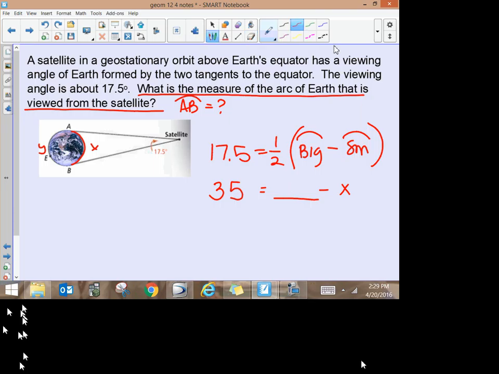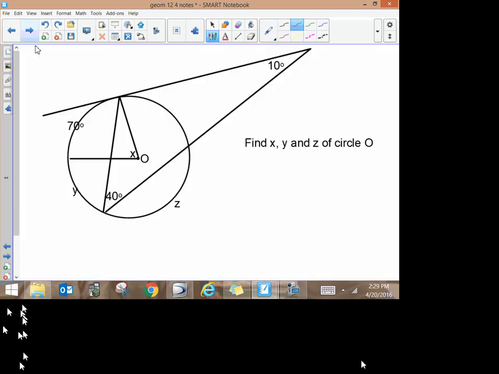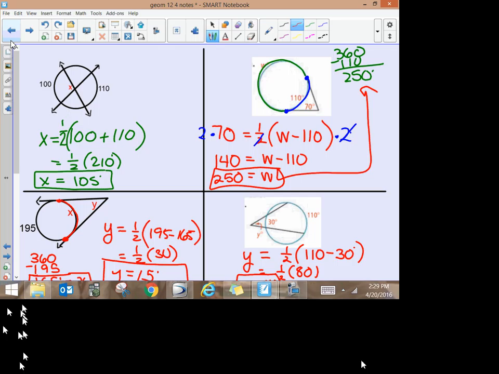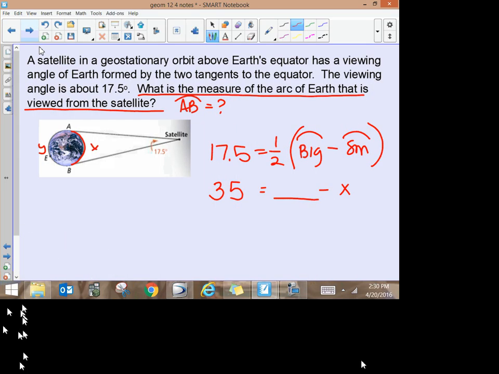Before we answer the question, don't forget what we had to do to find the rest of the circle. So what's the rest of the circle, Jessica? 360 minus that's right. That's what we should call that. The x's will not cancel, so don't worry. Things are taking care of the half for you, so that was smart.